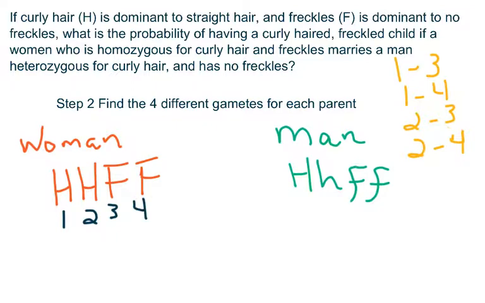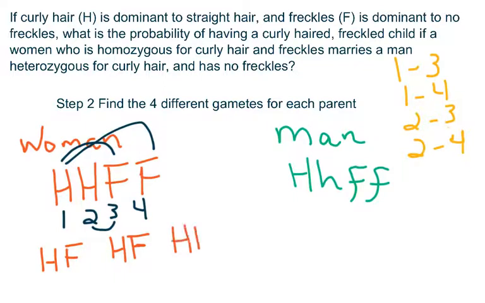I'm going to put 1 and 3 together, so that's capital H, capital F. Then 1 and 4 together: capital H, capital F. Then 2 and 3 together: capital H, capital F. And then 2 and 4: capital H, capital F. Notice how this woman has the same 2 letters for the gametes, so all her gametes are the same.